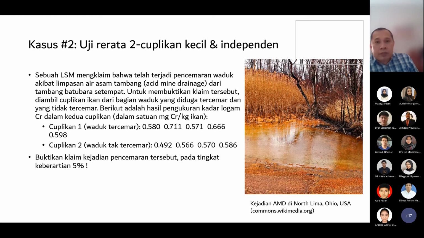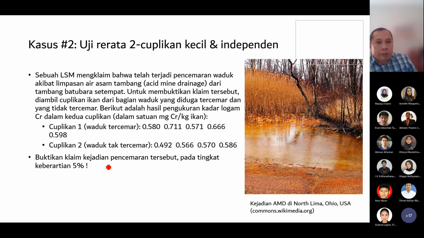And they measure the amount of chromium contained in 1 kilogram of fish body mass. So each number represents one fish. Okay, so they collect 1, 2, 3, 4, 5 fishes from site number 1 and 4 fishes from site number 2, where site number 1 is suspected to be the polluted site.